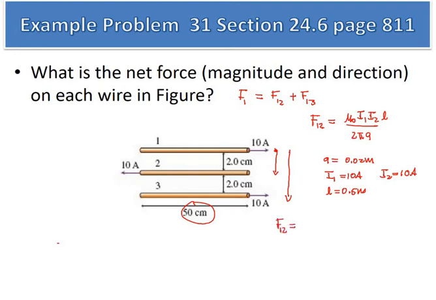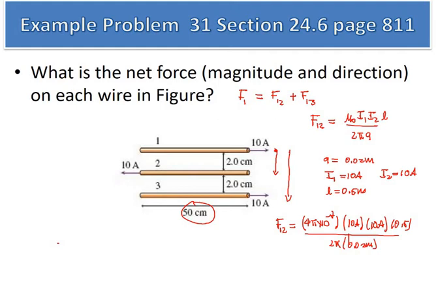is equal to 4 pi times 10 to the minus 7, with its units, which is newton per ampere squared, times the current, which is 10 amperes, times 10 amperes, times 0.5 meter, divided by 2 pi times the distance between cable 1 and 2, which is 0.02 meters.